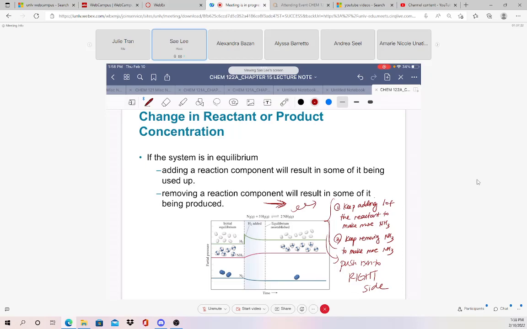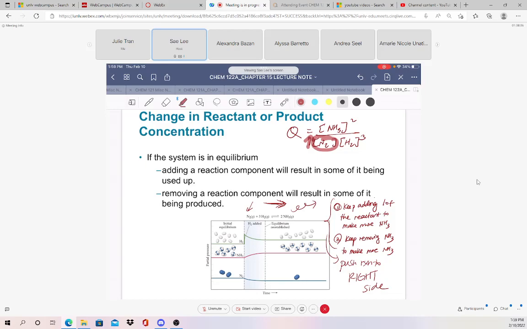If we want to relate this concept to K and the reaction quotient Q, let's say scenario 1, you are adding more reactant. You're going to increase this portion. Then the reaction quotient Q will change.